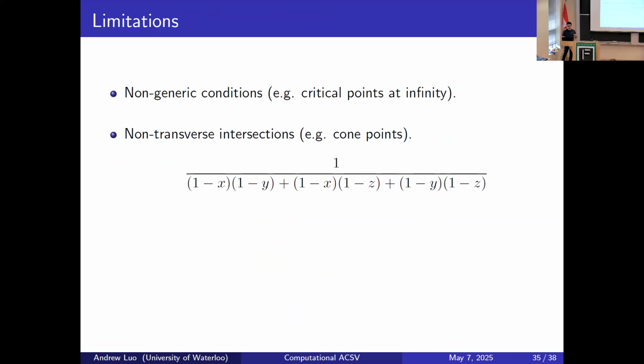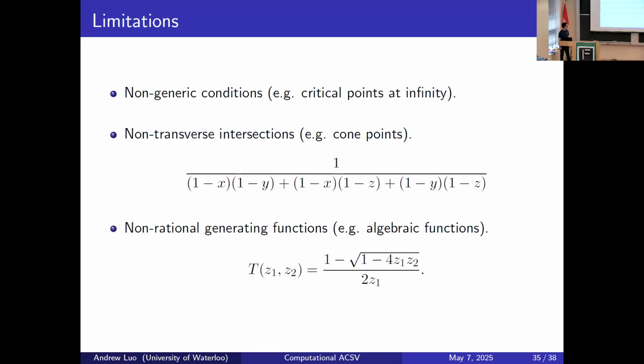It's just we haven't had time to actually implement it yet. And also, if you don't have a rational generating function, then the critical point system is not going to be a nice system of polynomials, so it's a lot more difficult to computationally analyze. But our next speaker, Tia, will give a more thorough treatment of these types of generating functions.